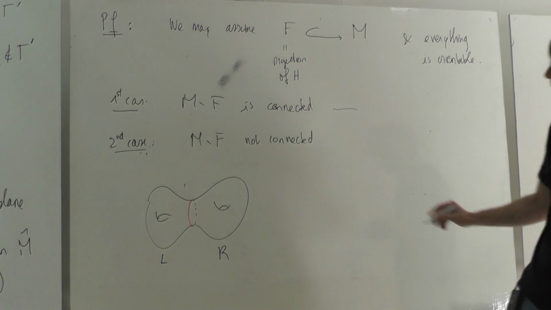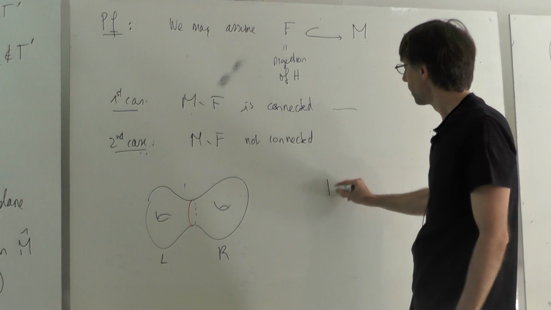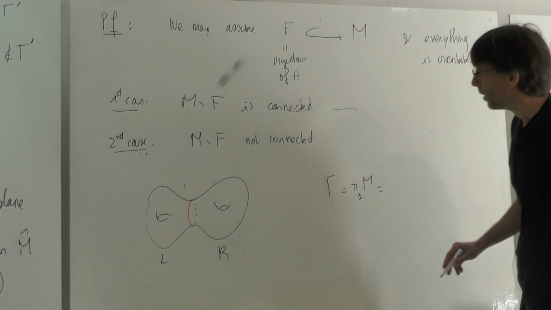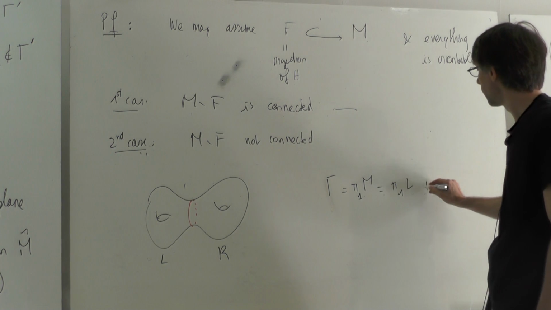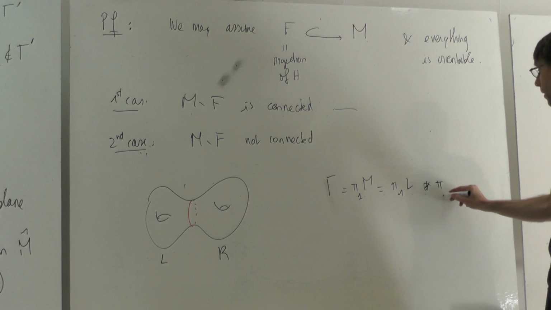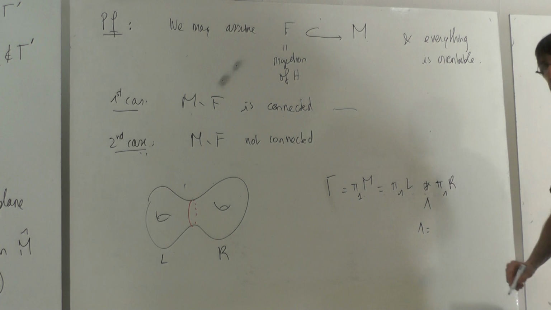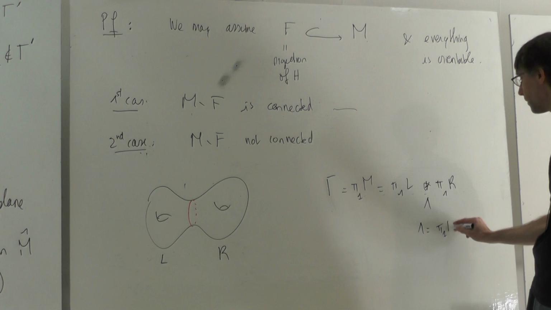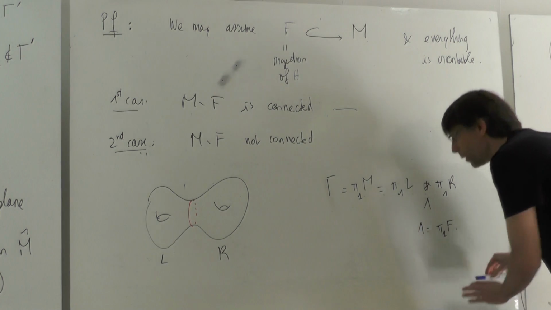And the pi 1 of my manifold M, which is gamma, splits as an amalgamated product, the pi1 of L amalgamated with the pi1 of R over lambda, where lambda is, as you remember, the second name of gamma H, which is the pi1 of F.